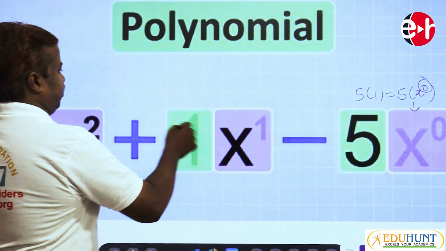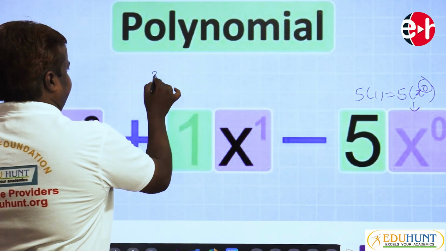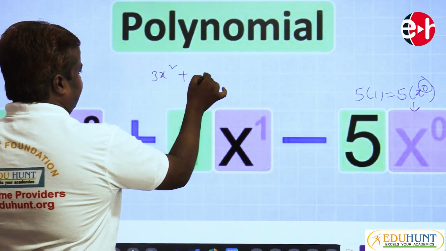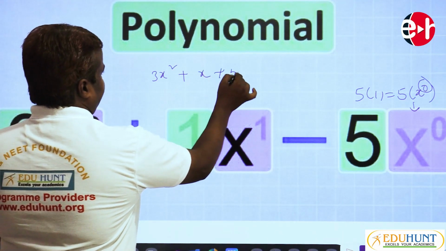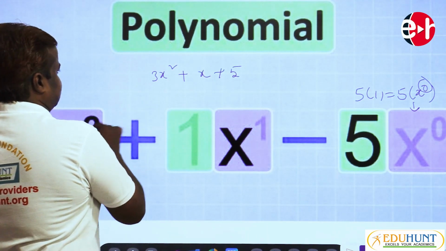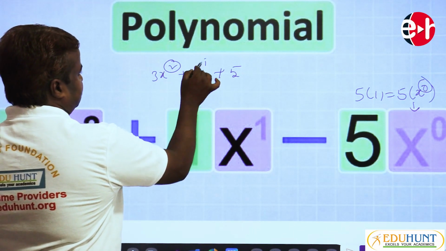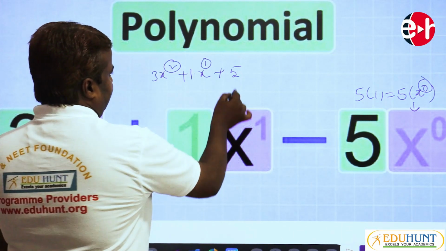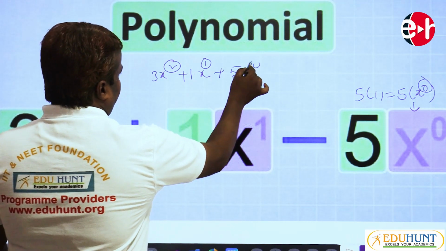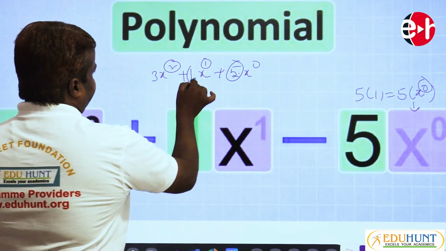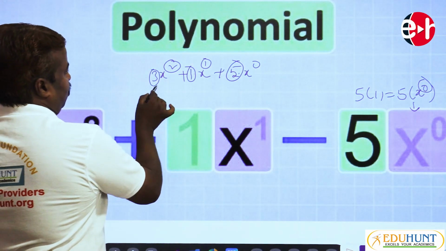Here 1 into x is there, so the actual equation is 3x square plus x plus 5. The highest exponent is 2. Here the coefficient of x is 1 and the exponent is 1. For 5 into x to the power of 0, the coefficient is 5. Here the coefficient is 3.